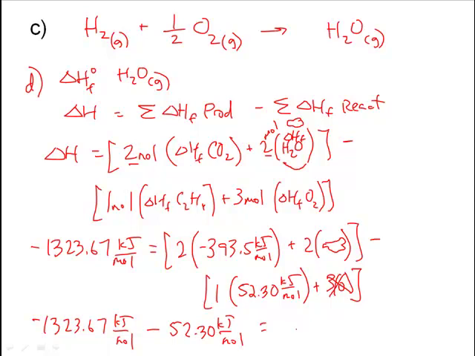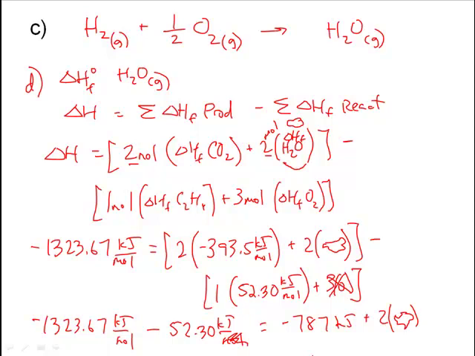And this equals 2 times that, which I might as well multiply out while I'm at it: 2 times negative 393.5 equals negative 787 kilojoules. Oh, that's kilojoules now. Plus 2 chickens. All right, and then you just solve for chicken.